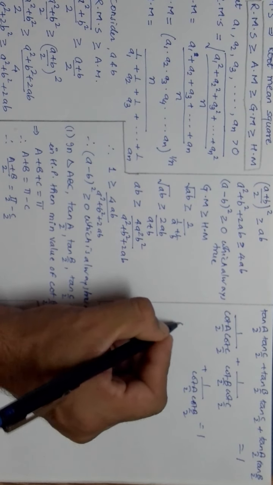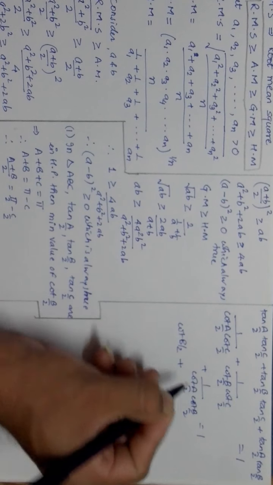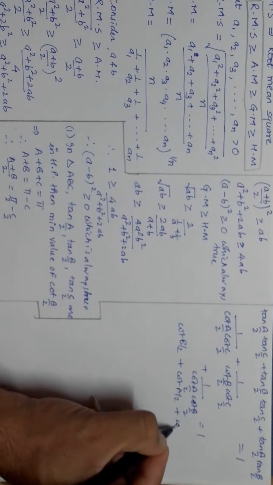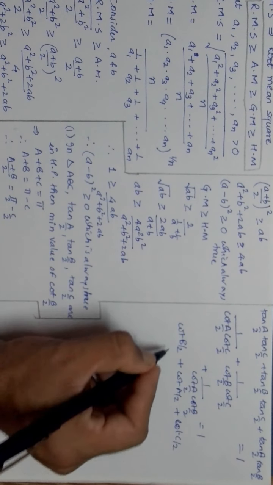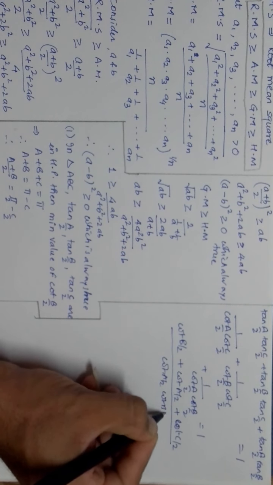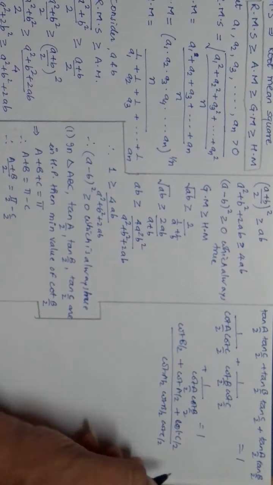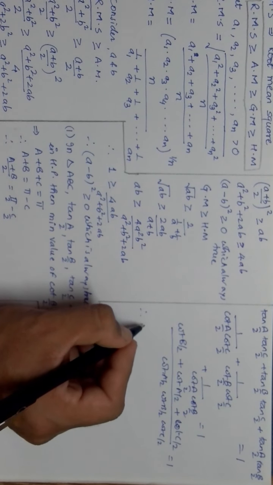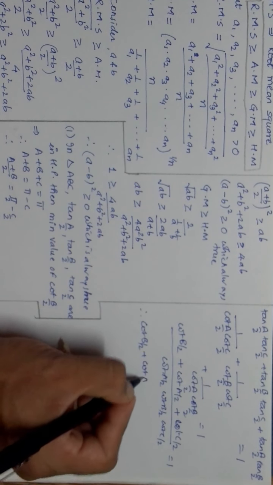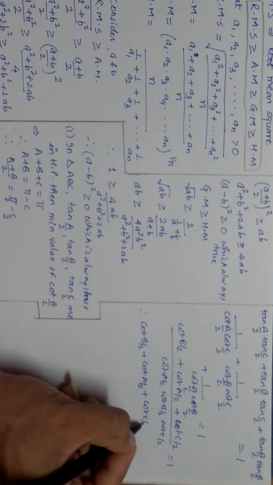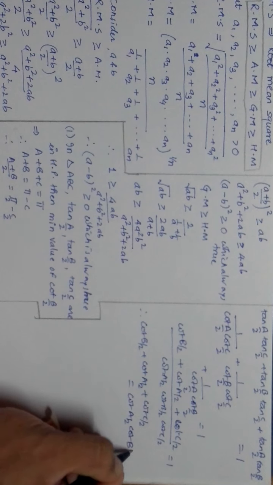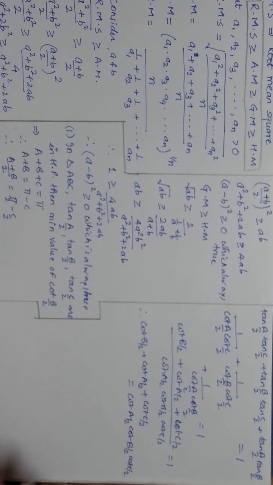So I will get here the numerator as cot B by 2, this as cot A by 2, and this as cot C by 2, and the whole will be divided by cot A by 2, cot B by 2 and cot C by 2, that is equal to 1, giving you the final result as cot B by 2 plus cot A by 2 plus cot C by 2 is equal to cot A by 2, cot B by 2 and cot C by 2.